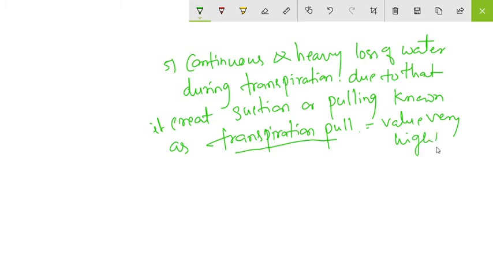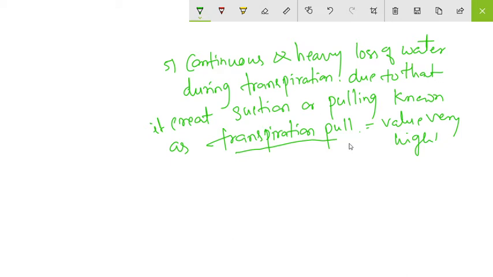That means it produces sufficient pressure, very high pressure, which is enough to carry the water in the tallest trees.